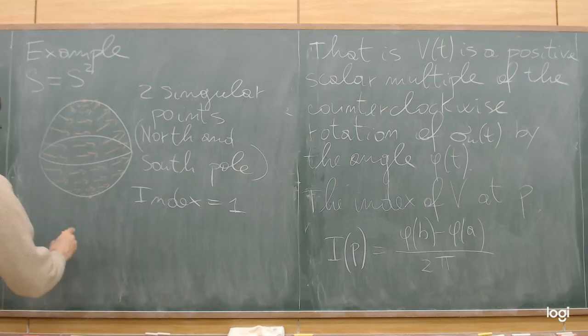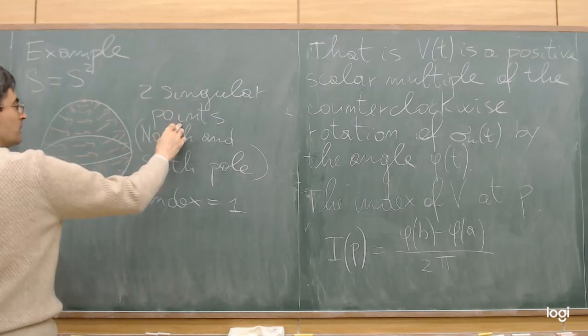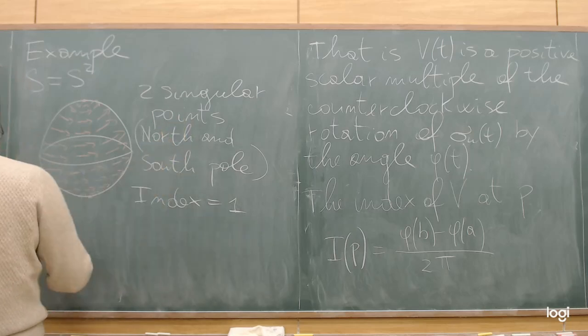Another vector field having two singular points and index 1 at both of them is the following.